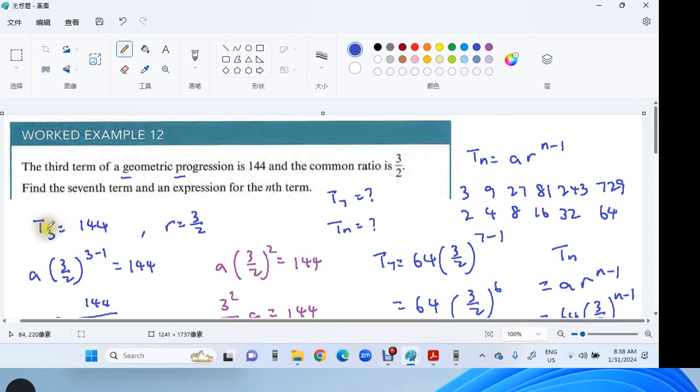So for T3, that means n is 3. Tn is A R power n minus 1, where this is the R. So A R power n minus 1 becomes A times (3 over 2) to the power 2, which is 144.